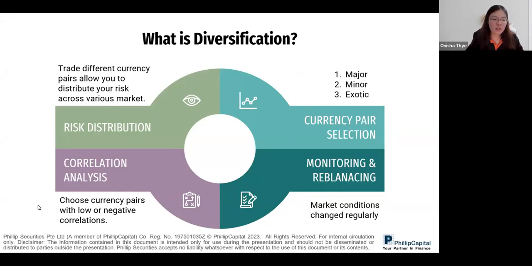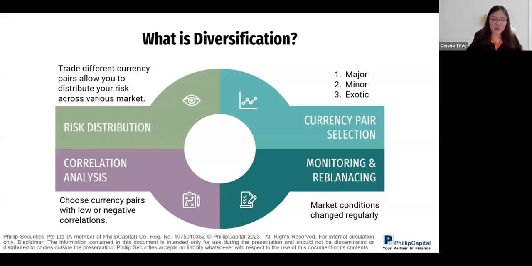Okay, so for the correlation analysis, you can search online for the correlation analysis that's given, and then you can see how the different pairs are correlated. Because with lower correlation, when you lose in one currency pair, the gaining currency can help you cover the losses in another currency.